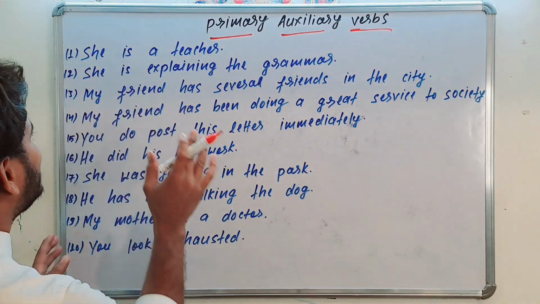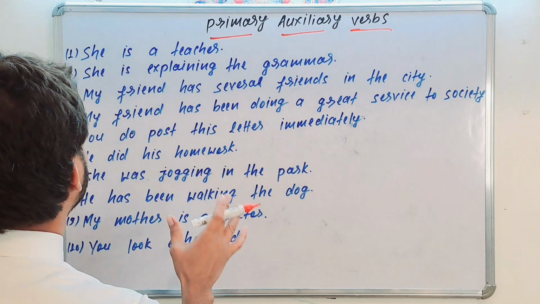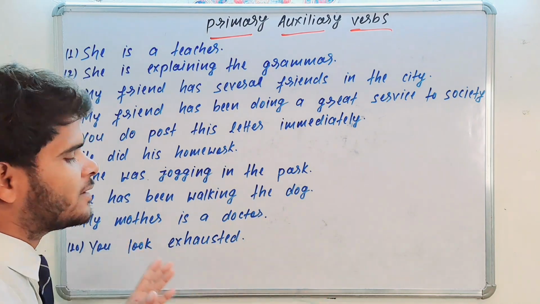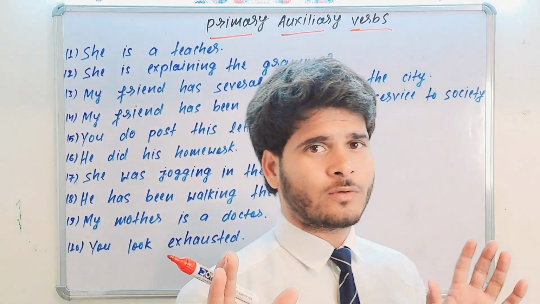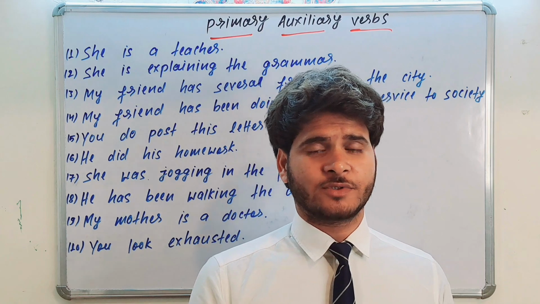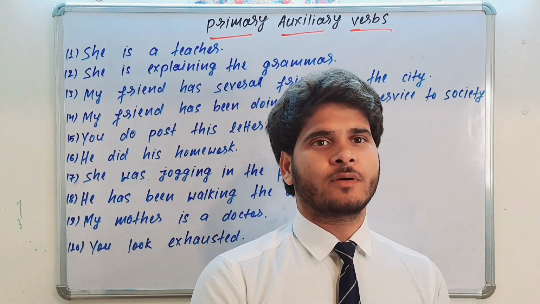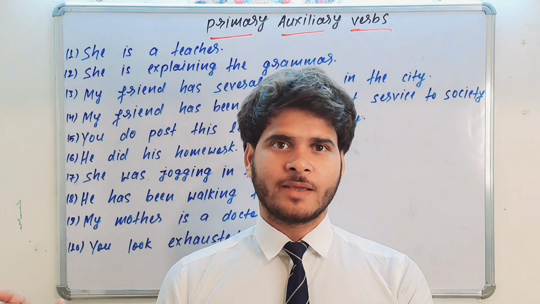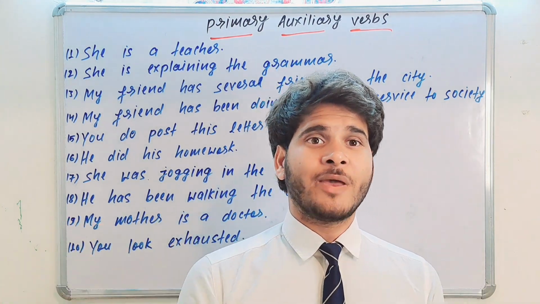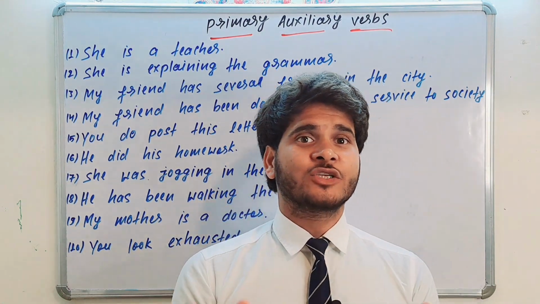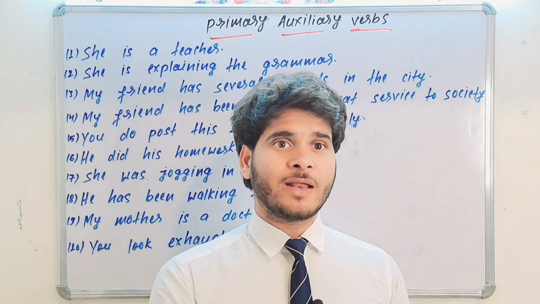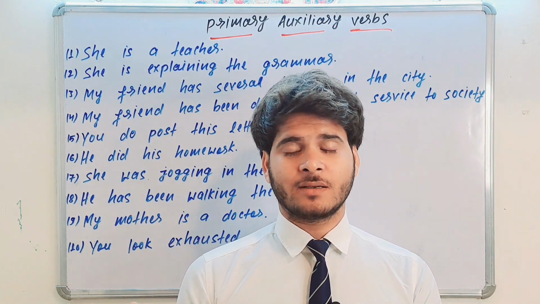First sentence: she is a teacher. So I'm going to tell you more about these verbs. There are three kinds of verbs: auxiliary verbs, main verbs, and linking verbs. Main verbs show the action.